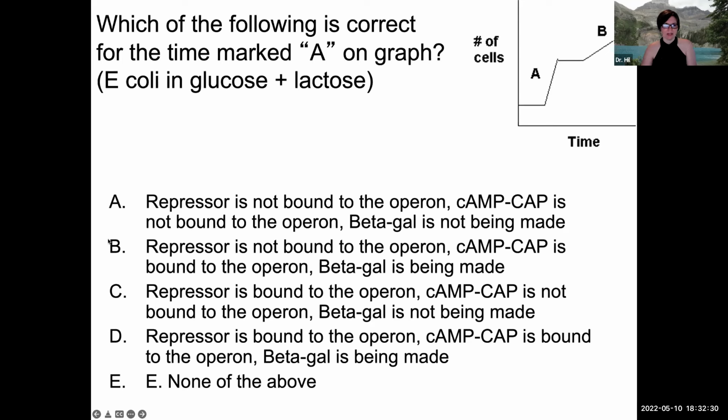So that narrows it down to A and B. So we can get rid of these other 2 options. Because glucose is present, ATP levels are high or low? Yeah, they're high. Consequently, cyclic AMP levels, which are the opposite, are going to be low. Is CAP active or not active?